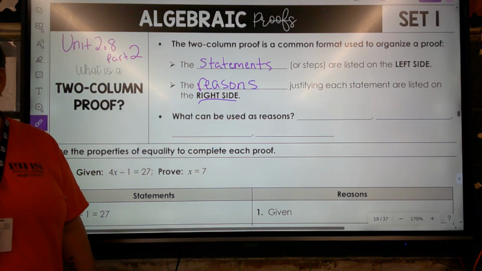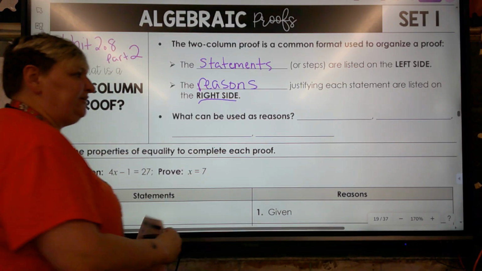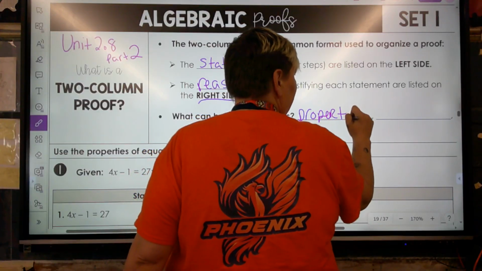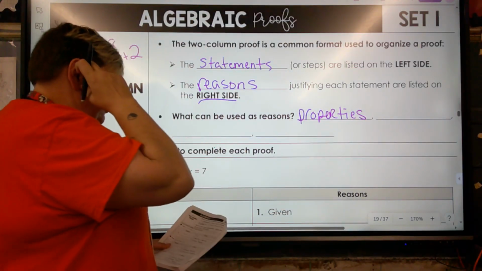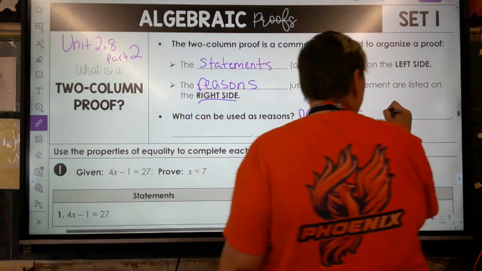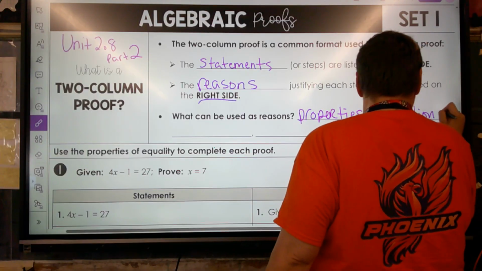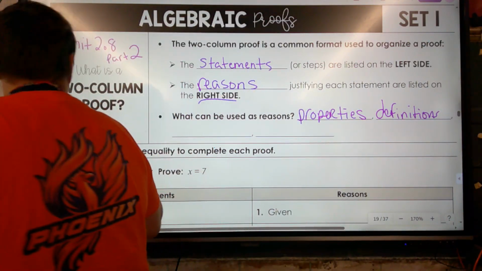And what are the reasons they can use? They can use the properties we just learned, the properties of equality. You can also use definitions we've learned. You can use postulates.